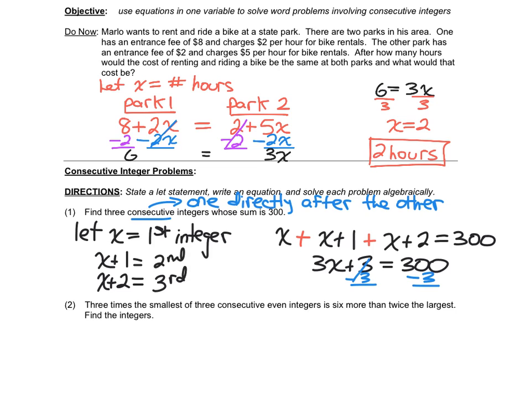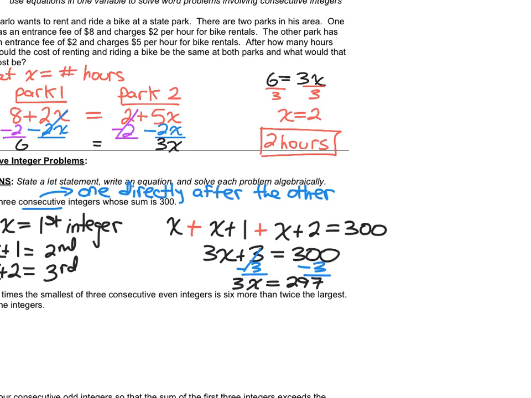So 3x equals 297. All right, so I don't really have room to show the division steps, so I'll just show the result. X is equal to what? 99.